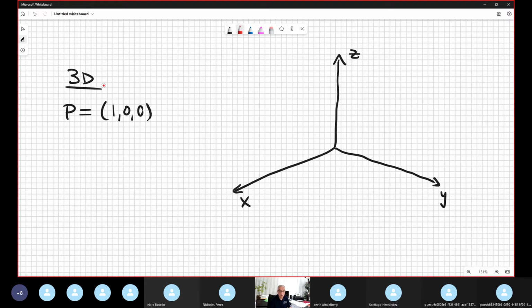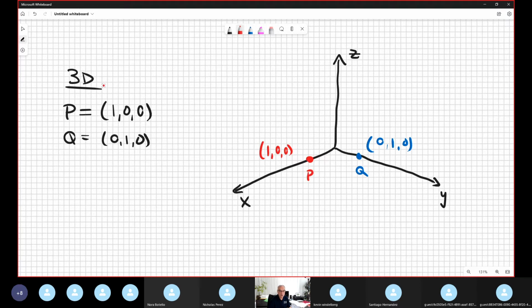I plot that. 1, 0, 0 lies on the x-axis. And the point Q is the point 0, 1, 0. Using another color here, this is a point Q. Is 0, 1, 0. And this is a point P.